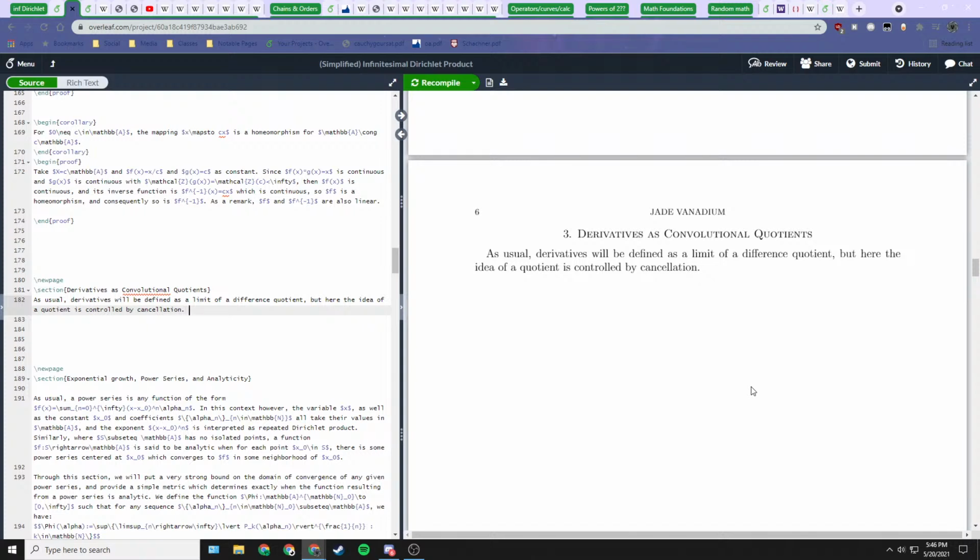So when we define a function, we'll have our functions. We'll say let D be a subset of A, and some function f map D to our space.